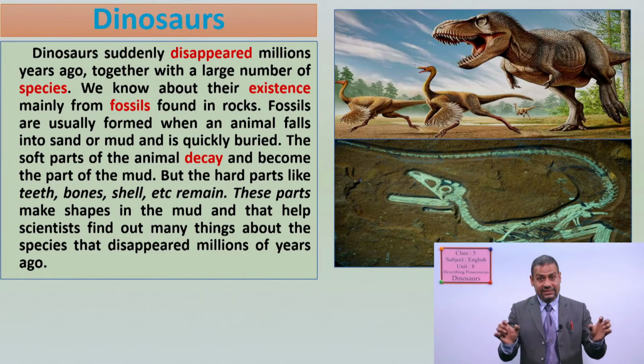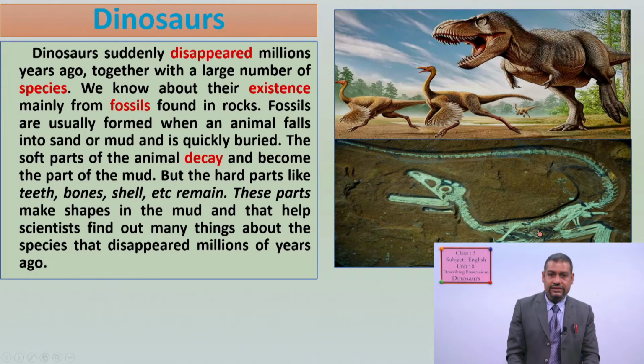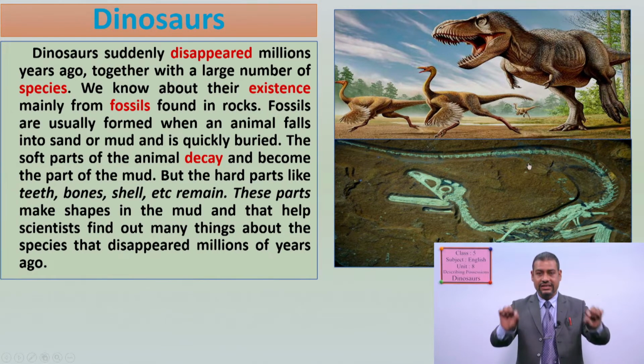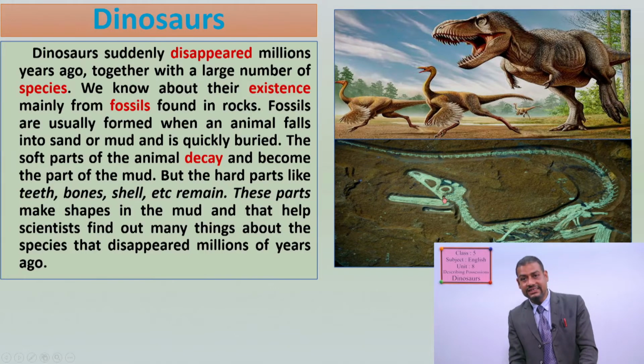But the hard parts of the body of the dinosaurs, like teeth, bones, and shells, remained in the mud or the sand or the rock. By studying that, the scientists have made a conclusion, with proof, that there were dinosaurs in the past. These parts make shapes in the mud, and that helps scientists find out many things about the species that disappeared millions of years ago.